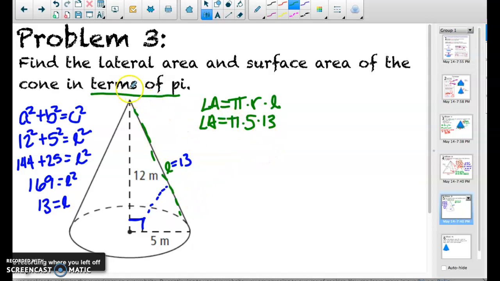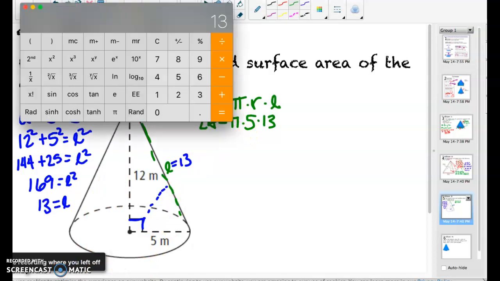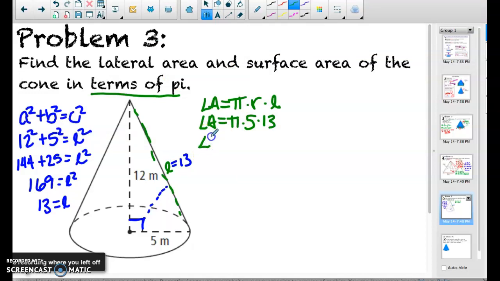Because this needs to be in terms of pi, I'm only going to do 5 times 13 and tack the pi on the end of my answer. So in the calculator, 13 times 5 is going to give me 65. So my lateral area is 65 pi. And that's it. I'm not going to type in the 3.14 in my calculator because I want the answer in terms of pi.